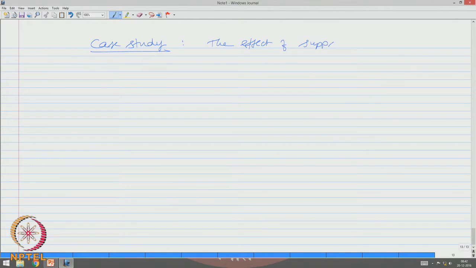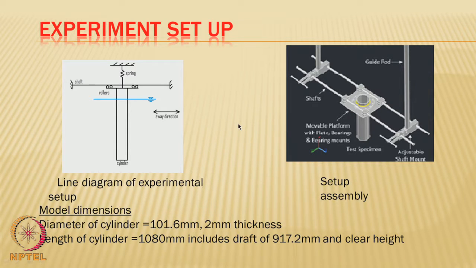suppression systems on vortex induced vibration on a given offshore cylinder. An experimental study was designed to examine this. The left hand side shows the line diagram of the study.